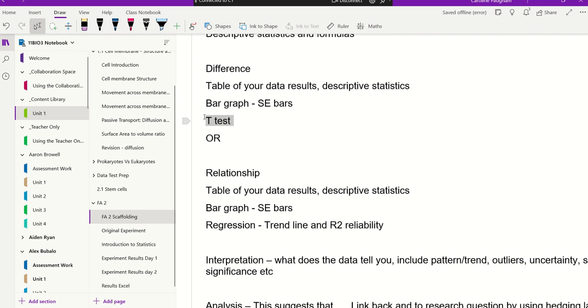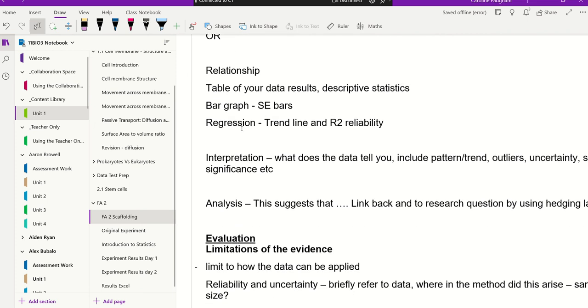You just look at your bar graph. But t-test, if you have more than 2 dependent groups, yeah, more than 2 groups, you have to do t-test between groups. So you could do between group 1 and 2, between group 1 and 3, and then you do 2 and 3. I can help you with that, don't worry.